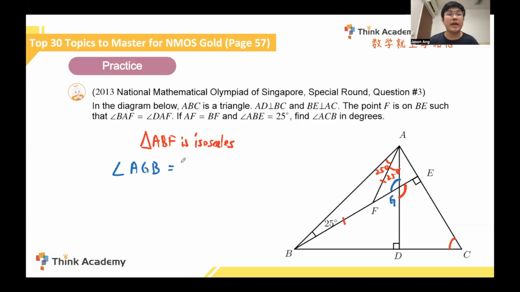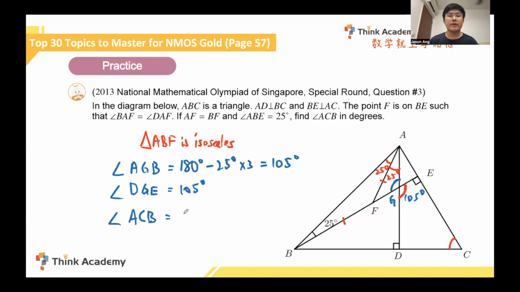Inside your triangle ABG, we can actually take 180 degrees minus 25 times 3, considering we have 3 of the 25 degrees, giving us 105 degrees. And your vertically opposite angles will give you, in this case, DGE to be 105 degrees. Since we know this is 105 degrees as well, we can find our angle ACB very quickly.